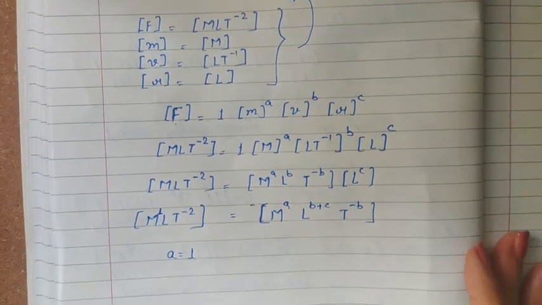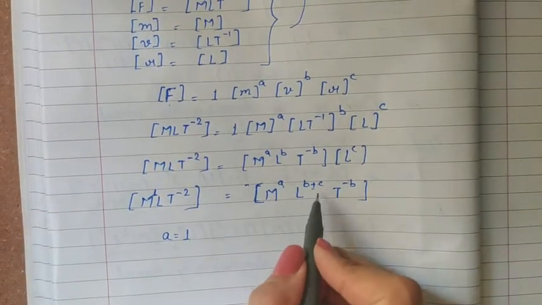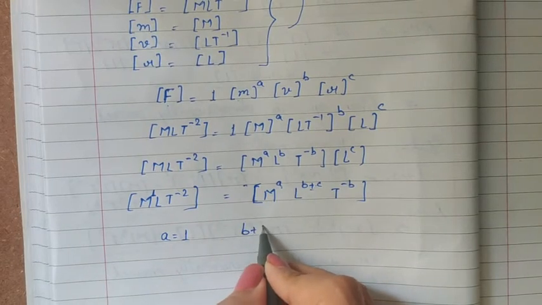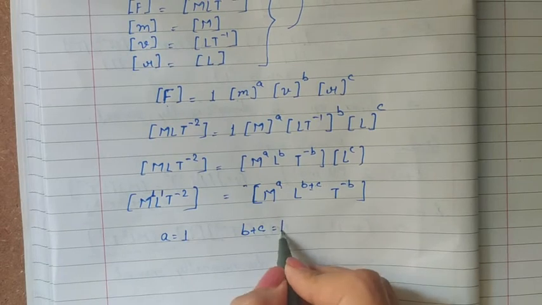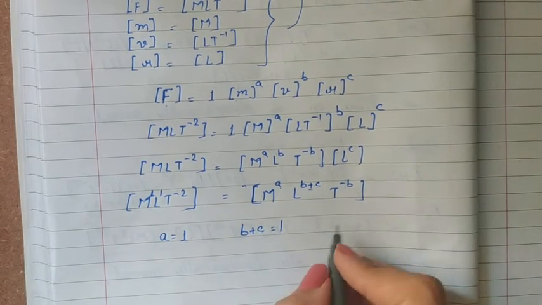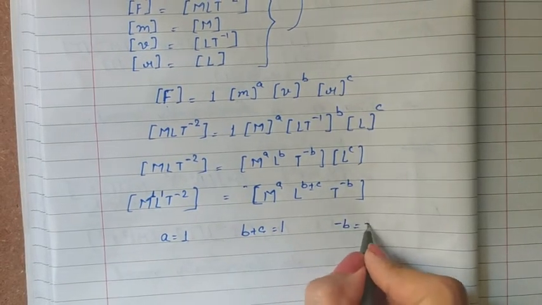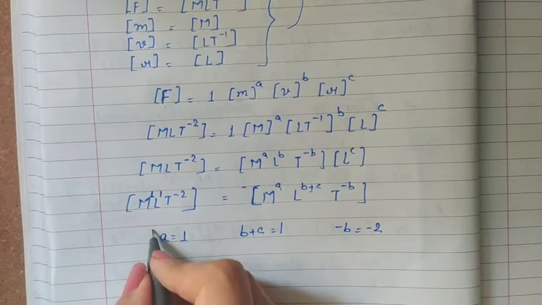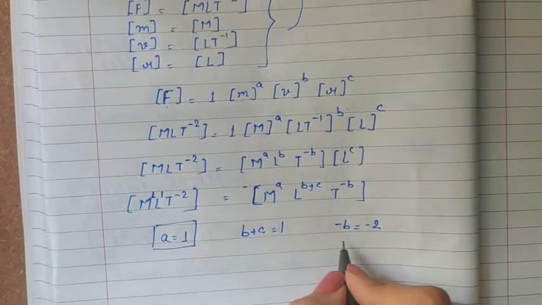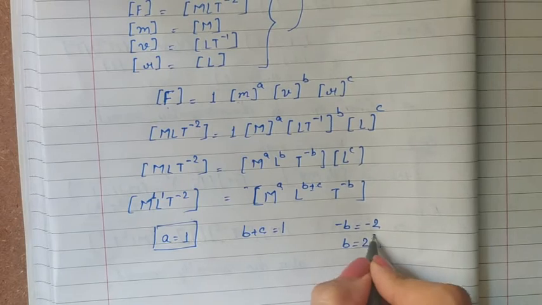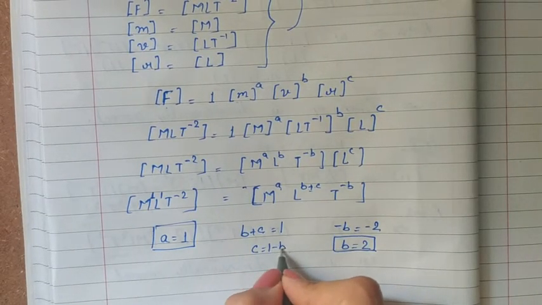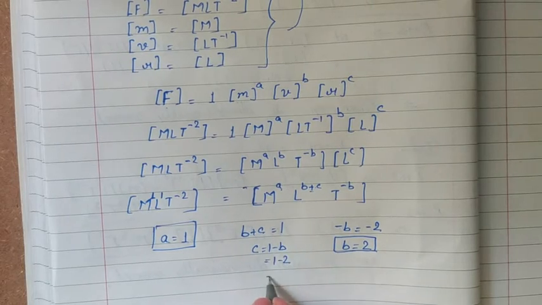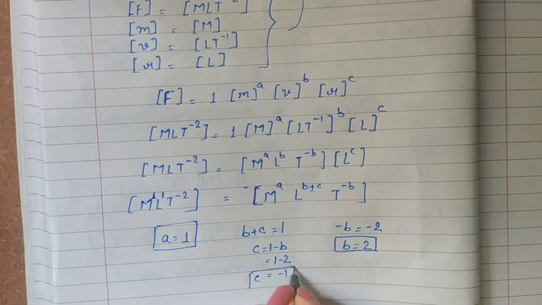Okay, similarly, for the second exponent, b plus c also equals 1 because L is raised to 1, and minus b is equal to minus 2. So on solving this, we get a is 1, b is 2, and if b is 2, then c is 1 minus b, which is 1 minus 2, equal to minus 1. So c is minus 1.